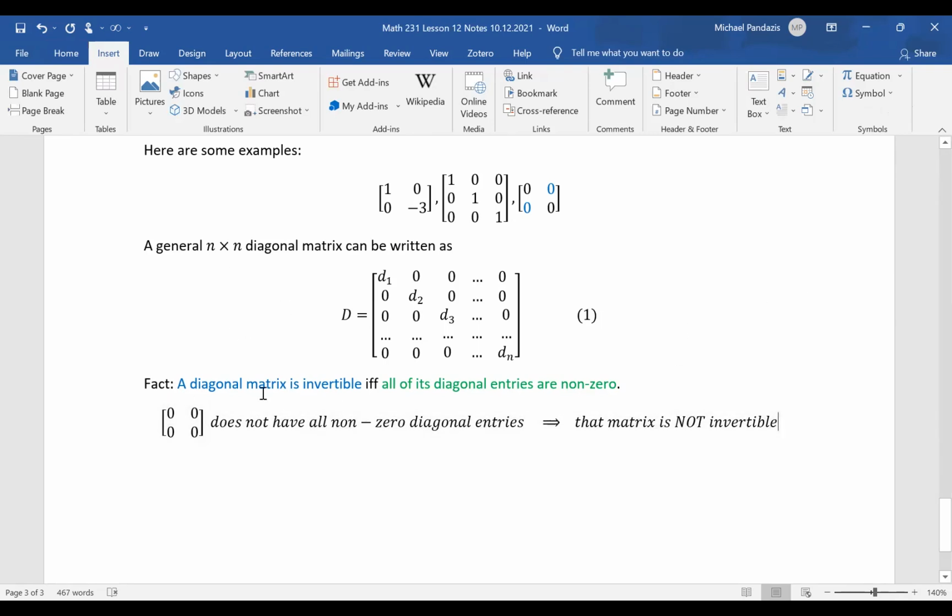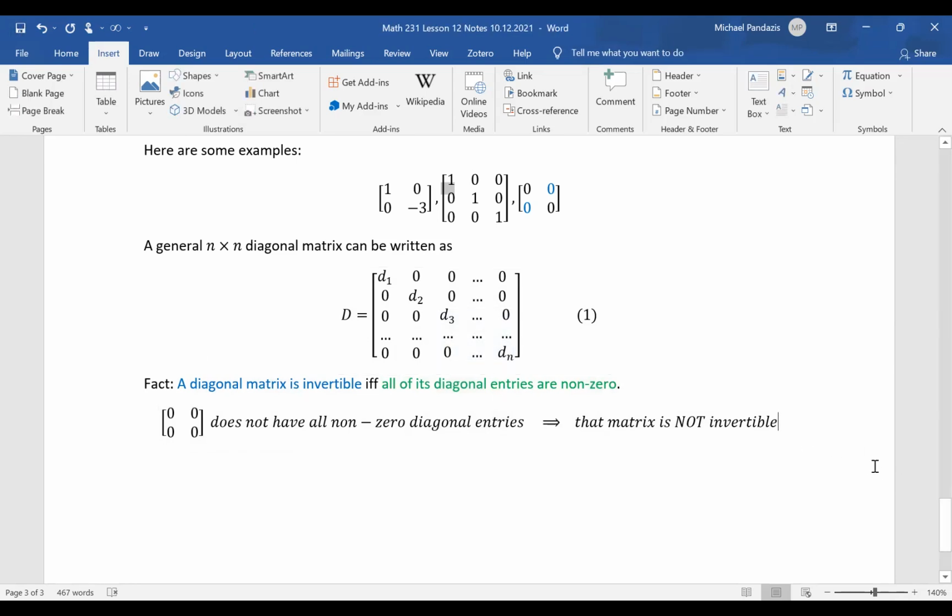So since this is false, that's also false because they're the same in truth value. Knowing that this is false for this matrix means you know that this is false for that matrix. This is easy to know. You just look at the entries. Are they all 0 or are they not all 0? I mean, are all of its entries non-zero, or is it false that all of their entries are non-zero?